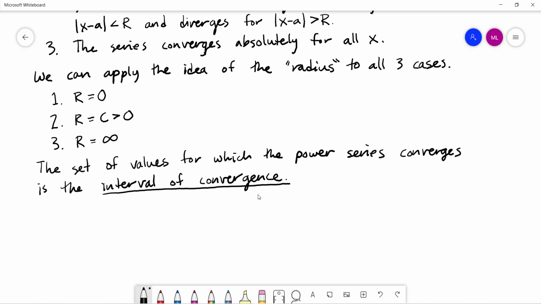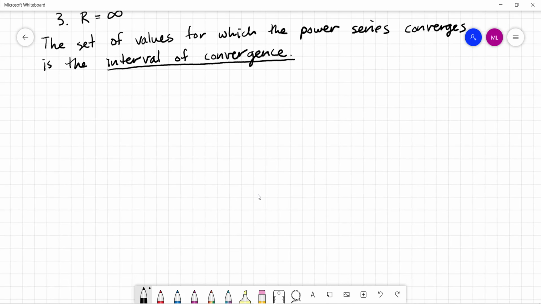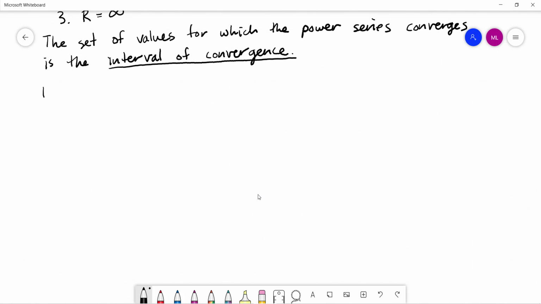So let's take a look at some examples. That's really going to be the main thrust of the rest of this lecture: doing a bunch of examples of how we can compute the radius and/or interval of convergence. Let's try this one.